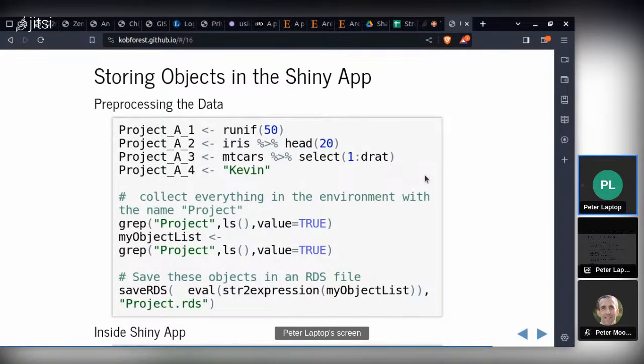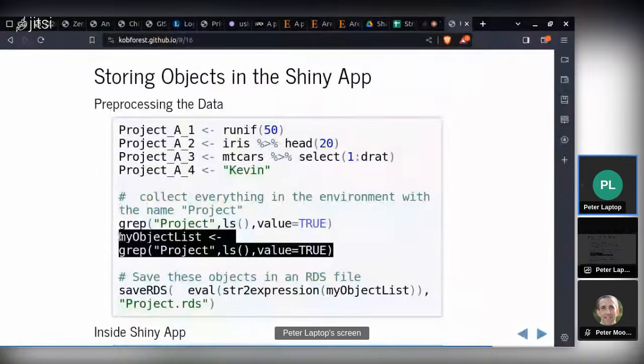This is just a bit of code that I had ready, okay? What this will do is set up a few objects and collect them up as a list of objects. So what we have at the top, Project A1, Project A2, Project A3, Project A4, are essentially just a list of R objects.